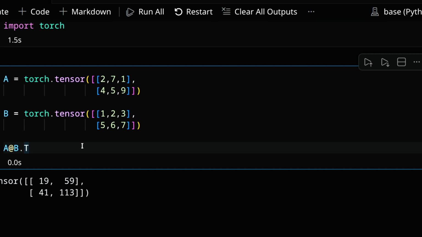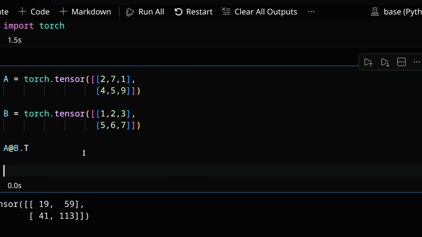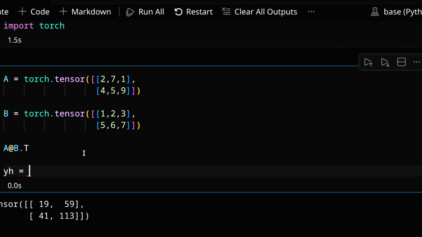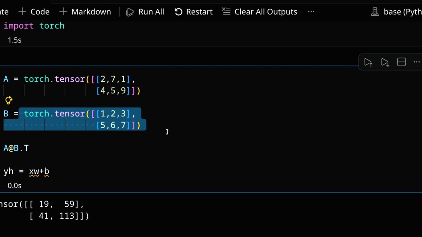So if you see the basic y equals mx plus b in graphing a straight line, in neural nets you might see that y hat, or the prediction, is equal to, instead of mx plus b, wx plus b, or in this case xw plus b, if this is a matrix of the inputs and this is a matrix of the weights.